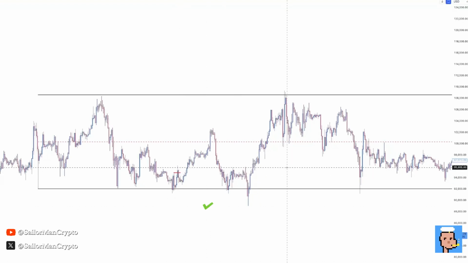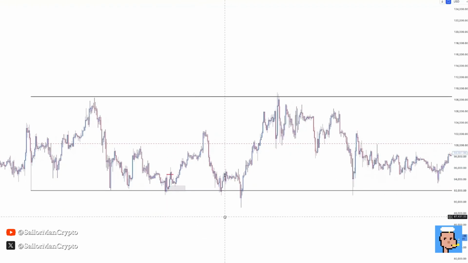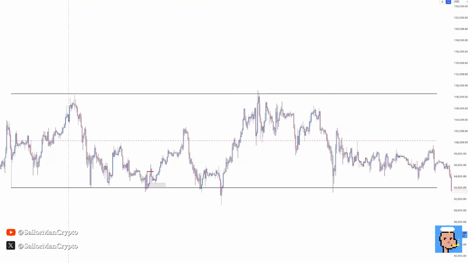We did have here a tap into this demand, and the price then moved to mid-range. Then once again we came down. We did have a much clearer deviation here below. We did have the market structure break.